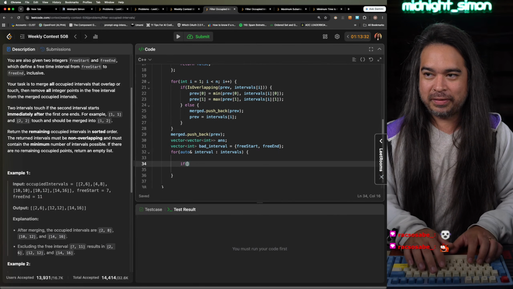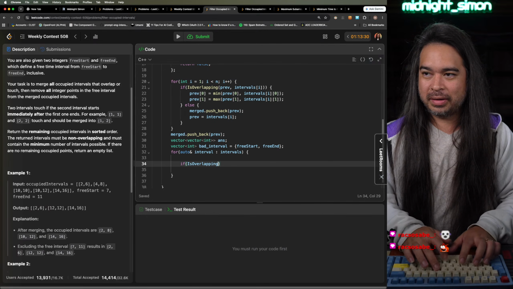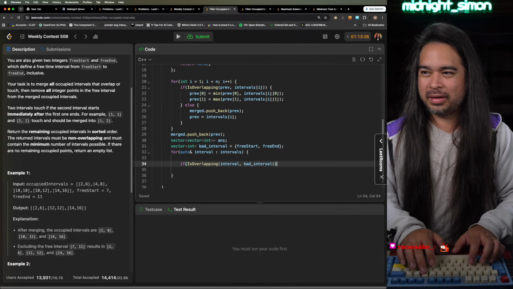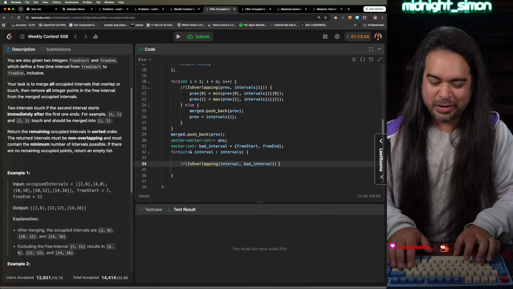Alright, so if they're overlapping, what do I do?